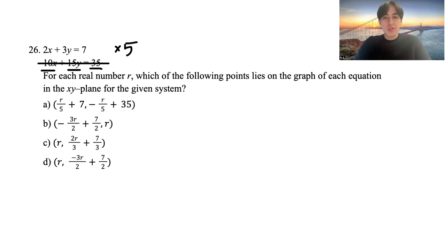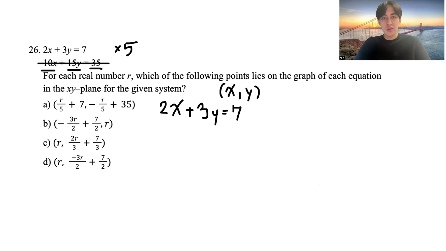What we can do next is determine the x value, because we're trying to determine the points on the graph, x comma y. We first determine the x coordinate. 2x plus 3y equals 7. We want to isolate the x.